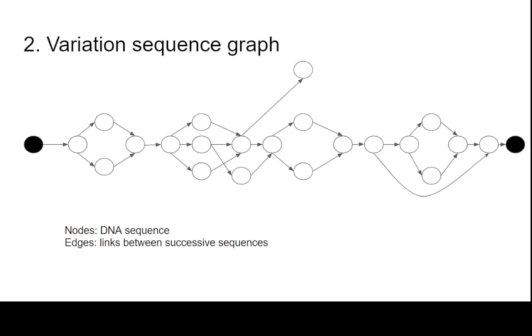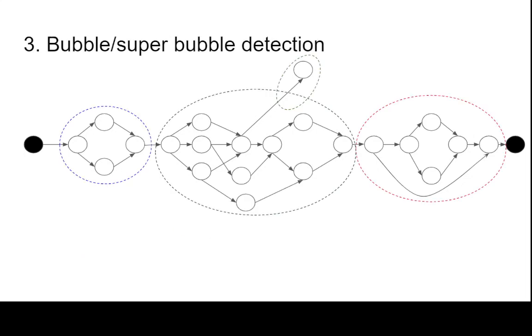There may also be some complex nested variation, for example, a SNP inside an SV, which also forms a multi-allelic bubble. Next, we detect these bubbles to find the areas of heterozygous variation, and we also find these bubble chains in these graphs.